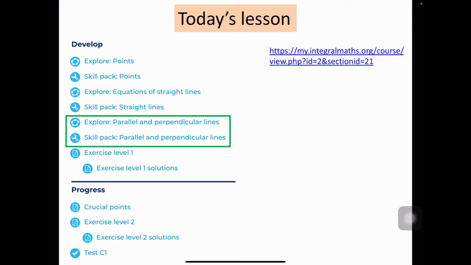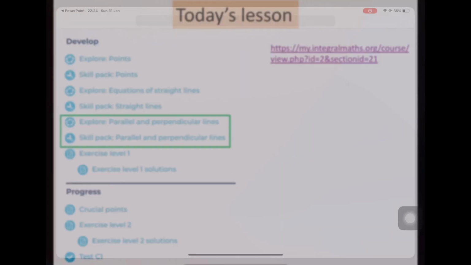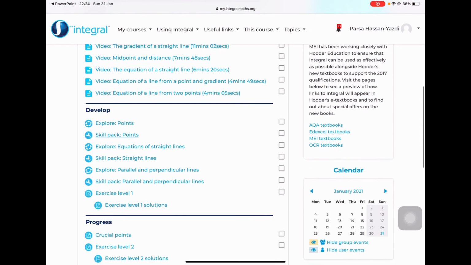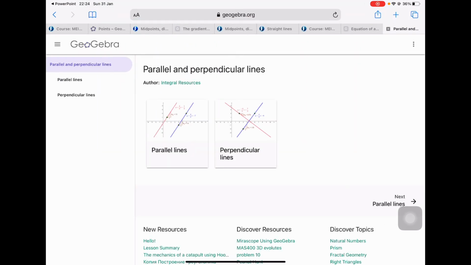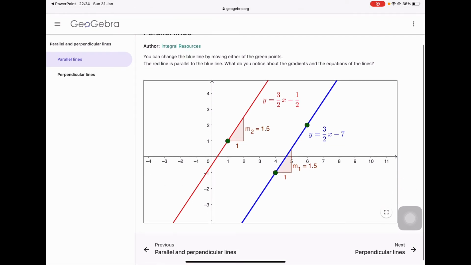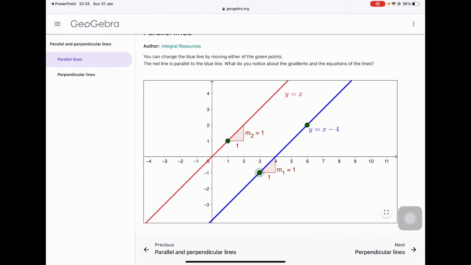So now we're going to come on to the third explore link, which is parallel and perpendicular lines. So again, you would have learnt this at GCSE. However, it's always useful just to come back to it. Here we have two parallel lines.